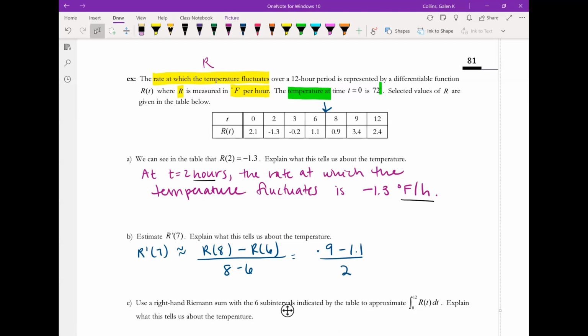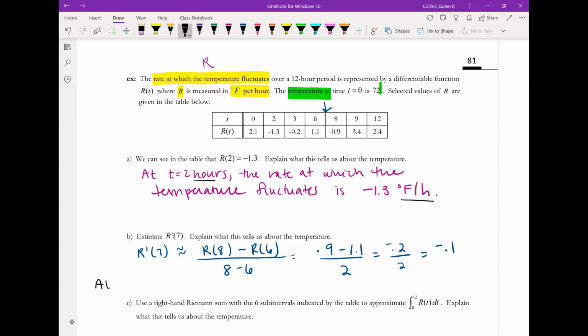Okay, so when we show our work, don't forget that difference quotient. And we should get negative 1/10.